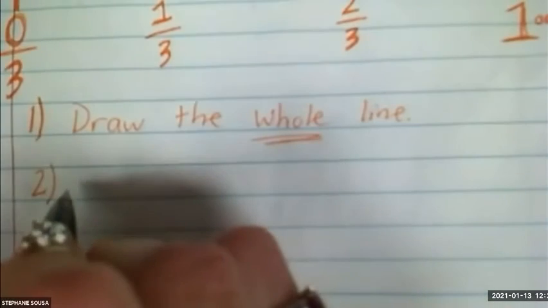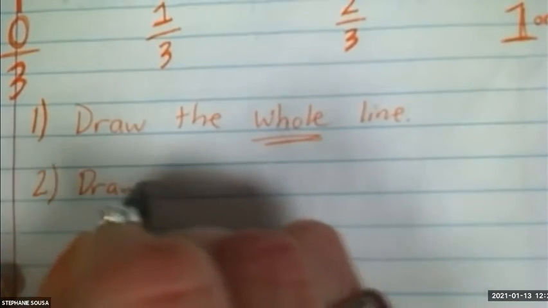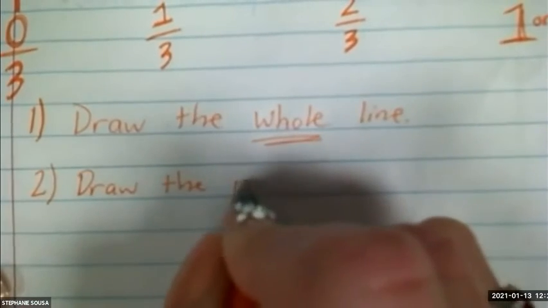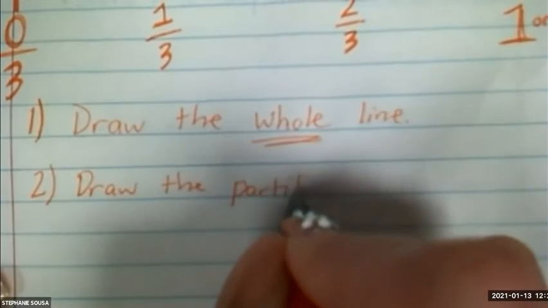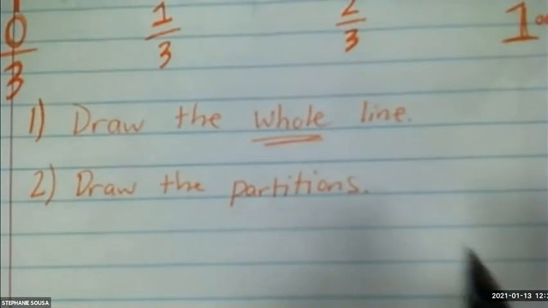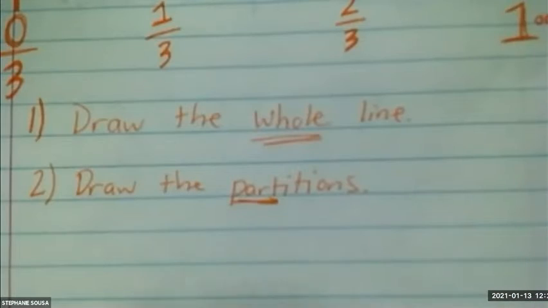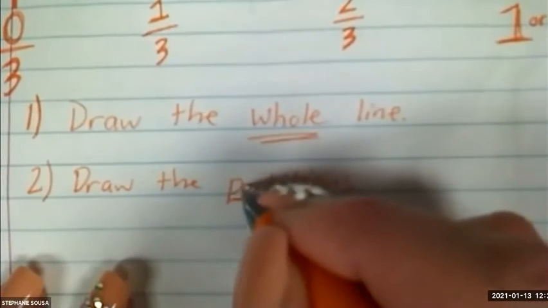Step 2 is to draw the partitions. We know that partitions are the dividing lines that make parts, right? Partition makes parts.